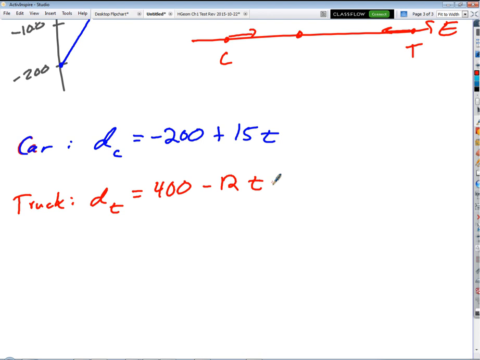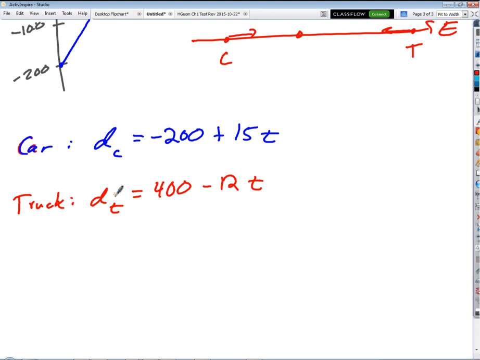But what do we know here? We're starting to see some of how physics can be useful. We drew the graph, so that's done. Now find the time and the place where the cars pass. They're going to be passing at the same time and the same position, so we know that D sub C and D sub T have to be equal.